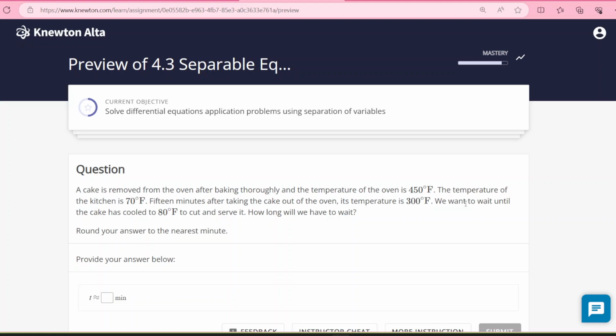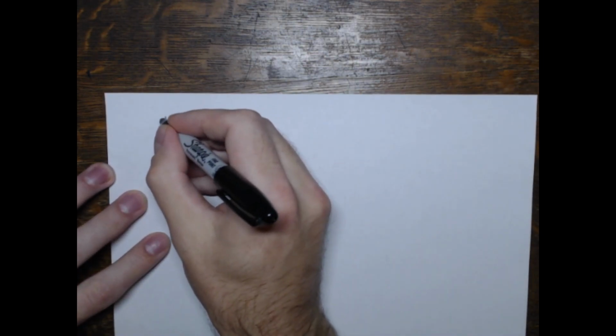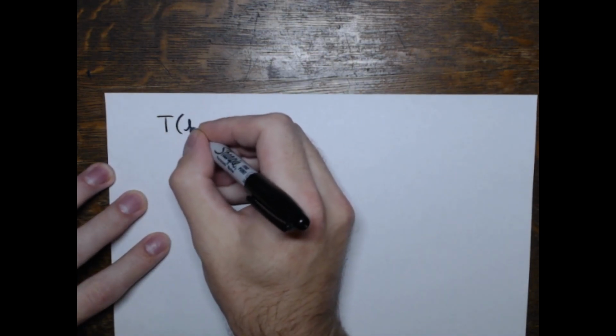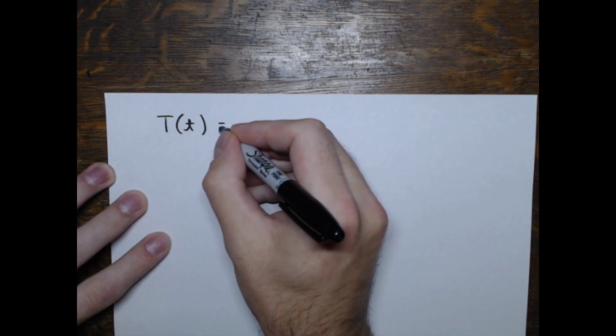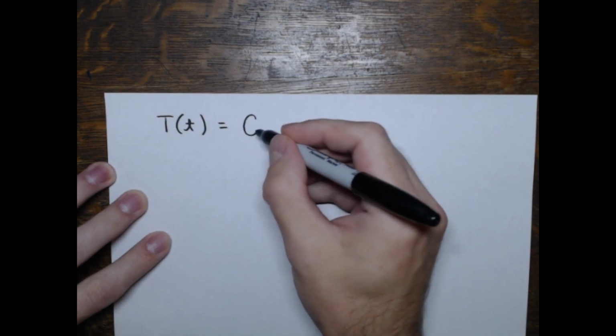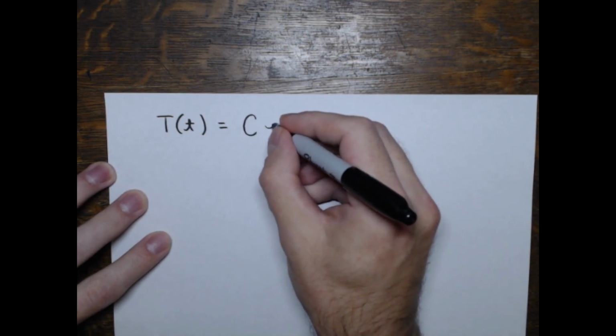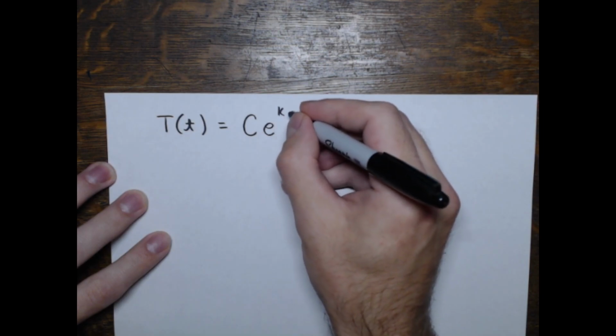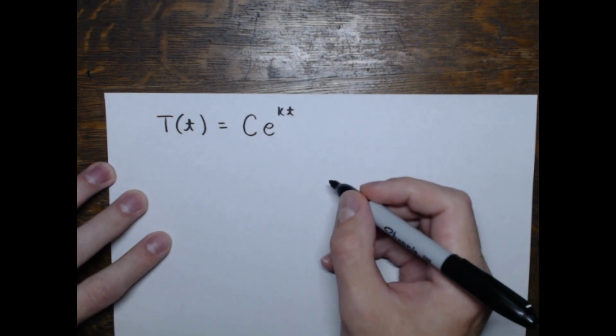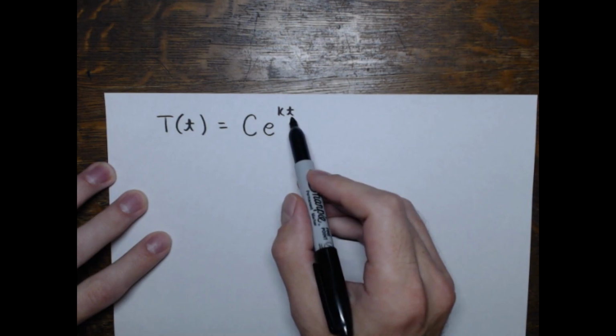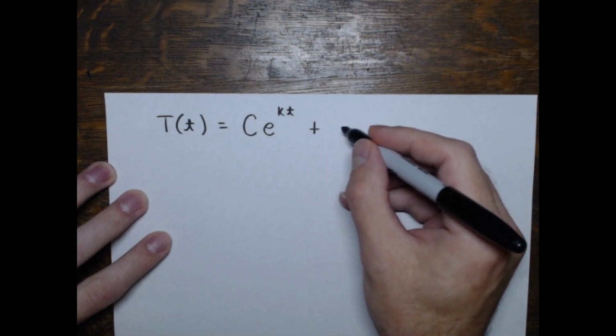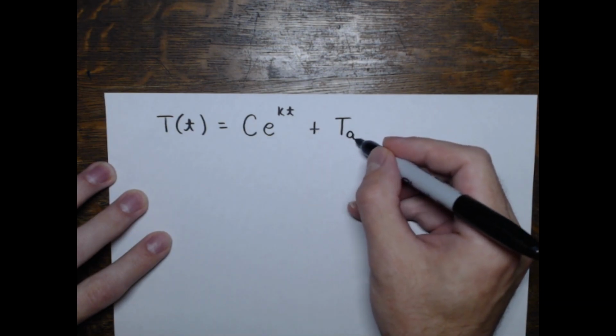So again, I'm just going to write out the formula you get for Newton's law of cooling. Remember, the temperature of the cake after t minutes is some constant C times e to some constant k times t, where little t is time, and then plus the temperature of the atmosphere.